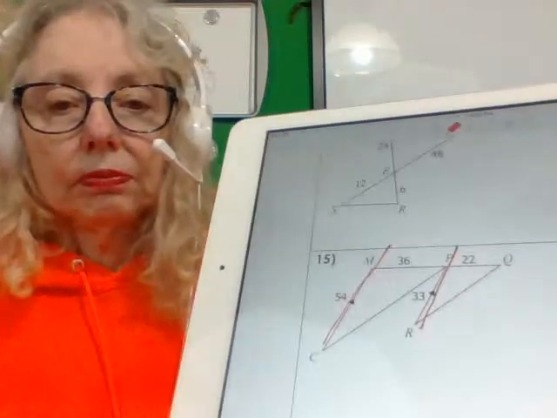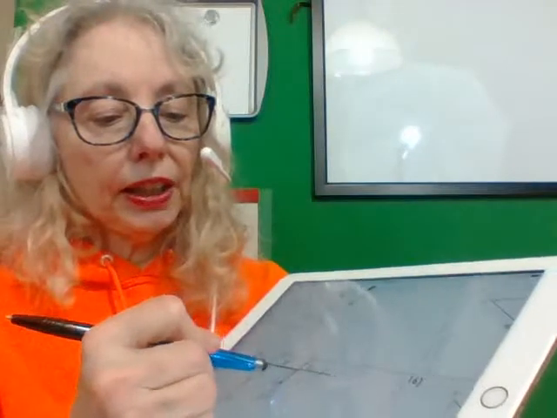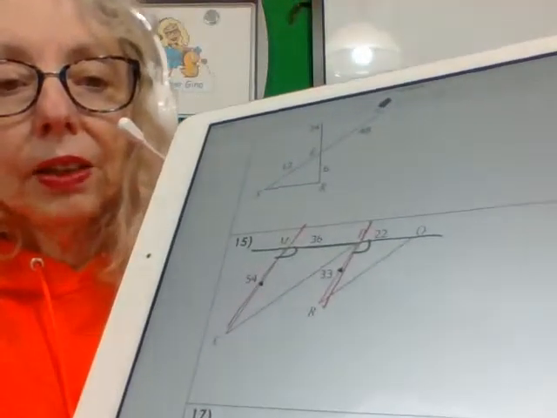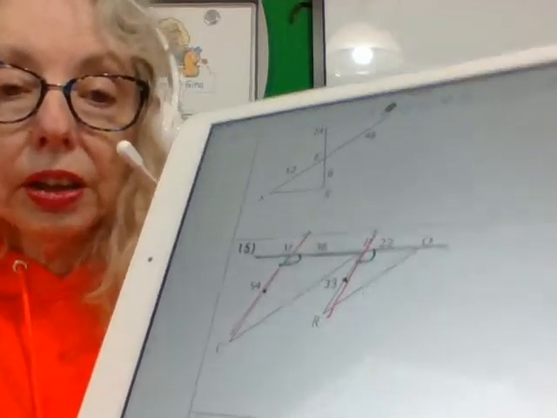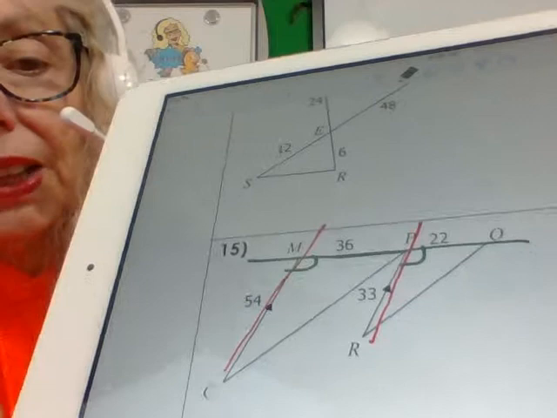So what we need to look at, and the reason we can do this, again, is these two lines are parallel. So this top line is the transversal. So if I look at M and I look at P, then what I'm going to see is that they are congruent because those are corresponding angles.